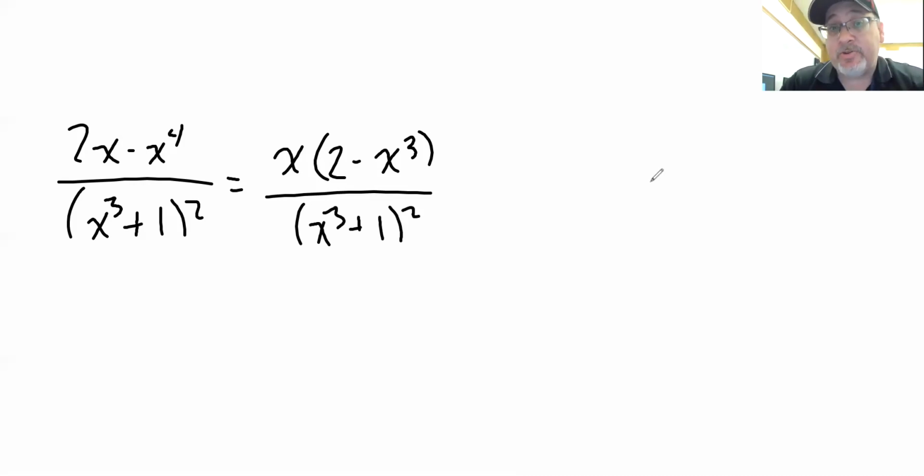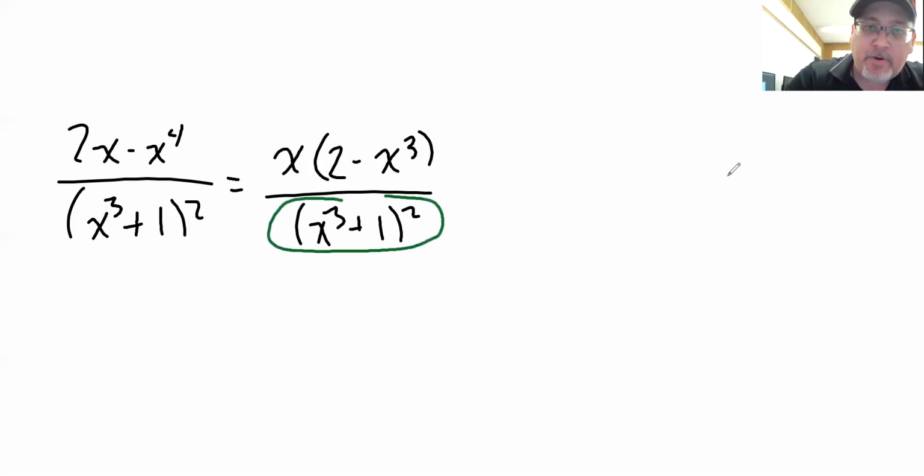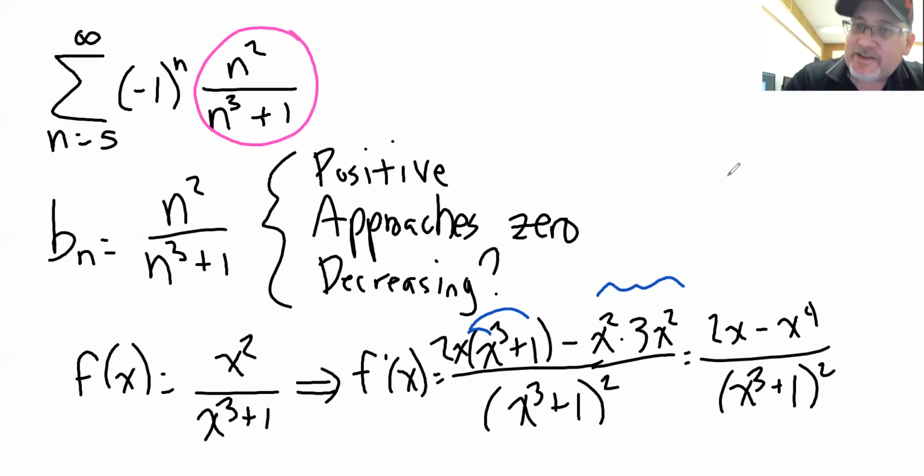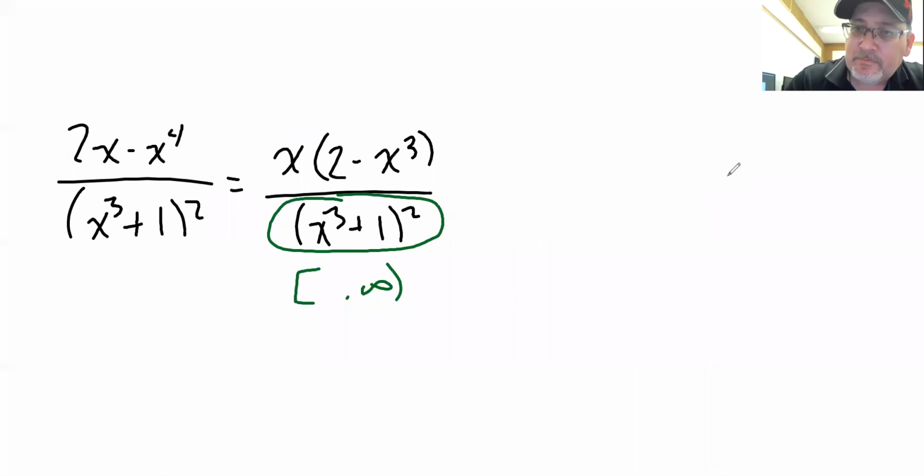And again, the denominator is always positive, so not worried about that. But let's think about the numerator. Our x's are all positive, so let's circle the positive stuff in green. This guy is positive. Remember, we are looking at the interval 1 to infinity, or aren't we? Well, we started this one at 5. I just did that to be random, but it won't change anything I'm about to say.